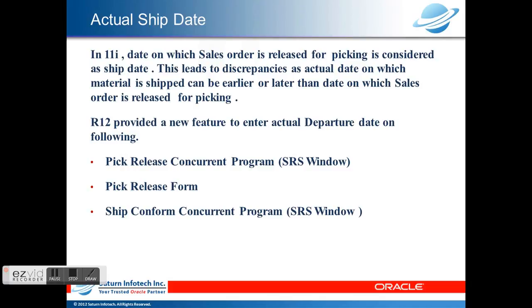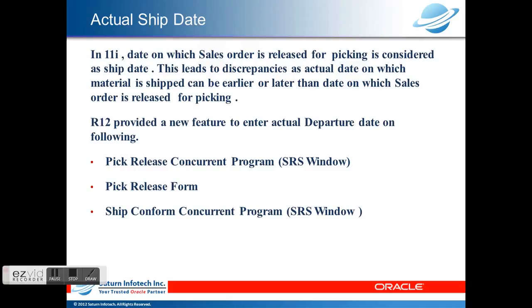The actual shipping can be done earlier than that, and then the shipping user used to come to the sales order release form and release the pick order and do the ship confirm, or vice versa. They used to release the order using the functionality in Oracle and then do the ship confirm, and then they would actually depart the material for shipping.